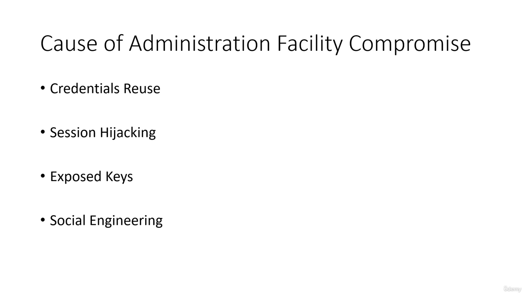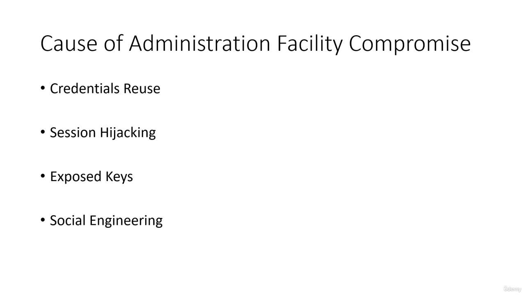So let's take a look at one more possible cause of administration facility compromise, and the final one is social engineering. This is another topic I talked about previously, ethical hacking or social engineering, and in there I talked about many of the different ways that valuable pieces of information can be extracted from targets, in the context of gaining access to an administration facility.